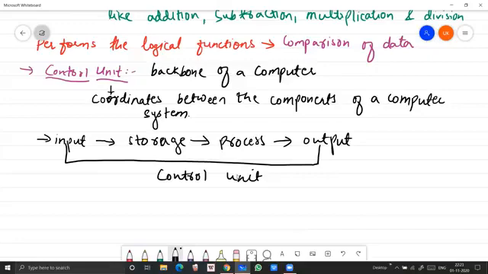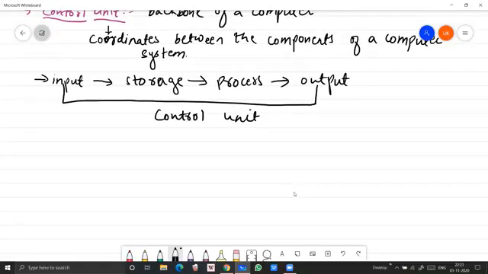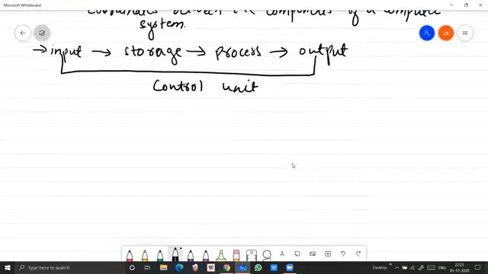Now after this comes what? Your third part of the CPU. What is the third part? That is the memory unit. A very important unit, students, the memory unit.